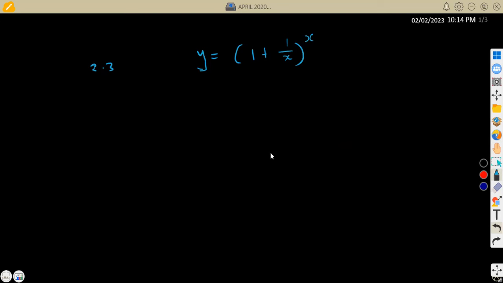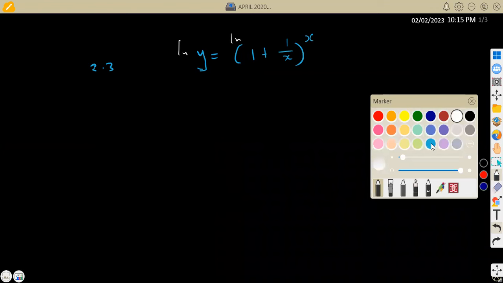Then we are supposed to apply the logarithms. Remember that if you are to apply the logarithms, you're supposed to introduce the logarithms on both sides of the equation. In this case, it can be ln or it can be a log on both sides. Remember, log and ln are one and the same thing, which means the laws of logarithms are the same laws that you apply even if you're dealing with these Napierian logarithms.